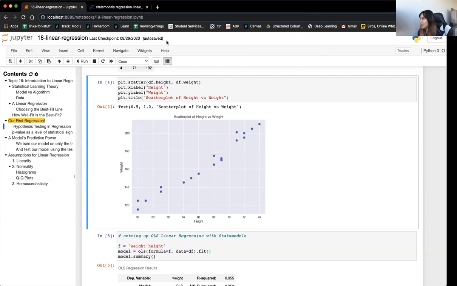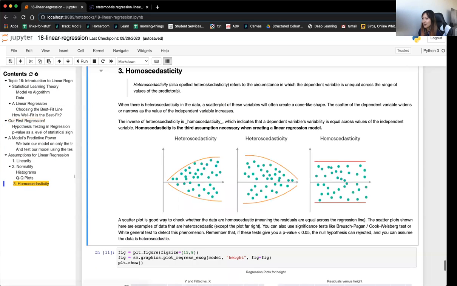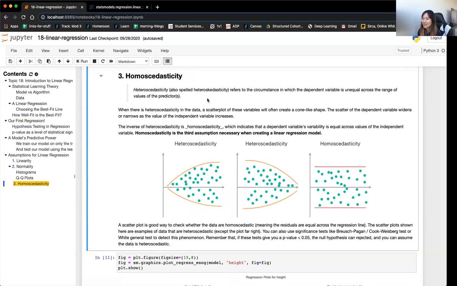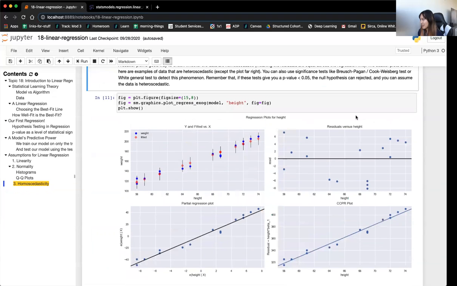All right, one last assumption to end off, homoscedasticity. And homoscedasticity basically stands for equal variance. So this is, again, all your residuals. What you're looking for in a residual plot, and a residual plot is this plot right here, is that you want to see that the variance of your residuals is constant across your variable.